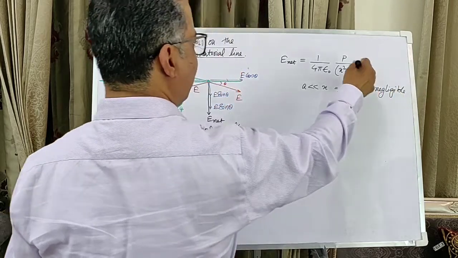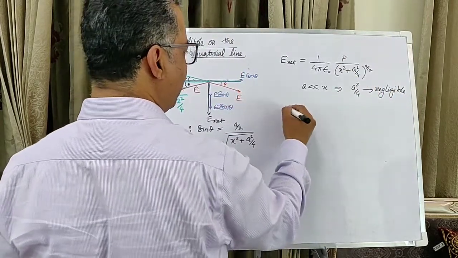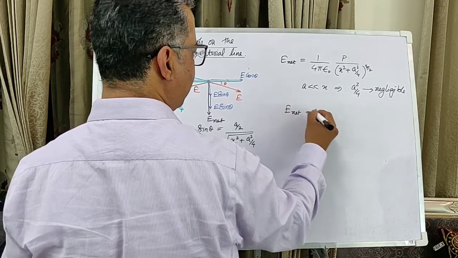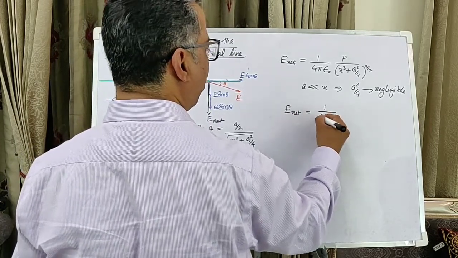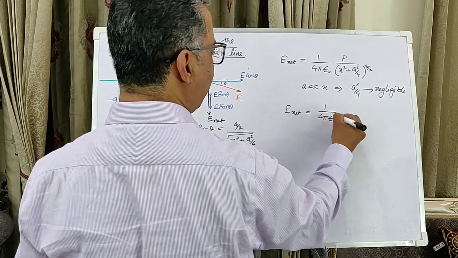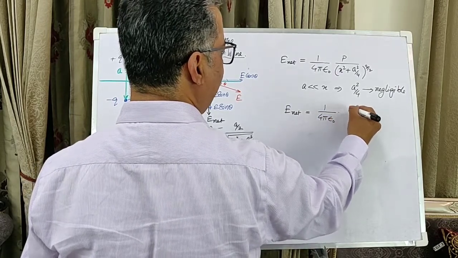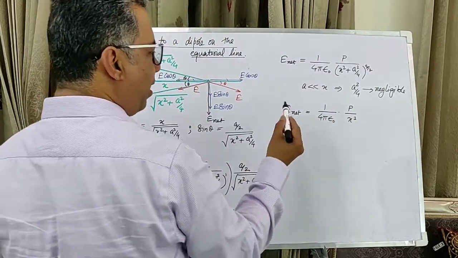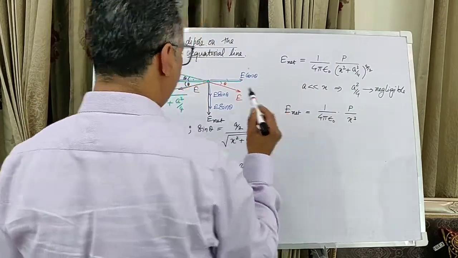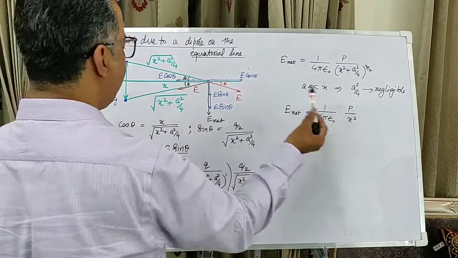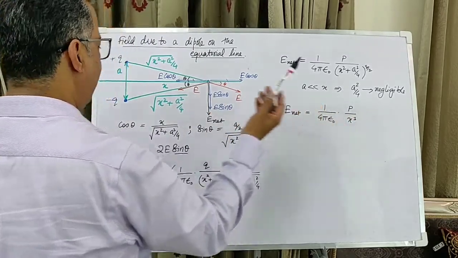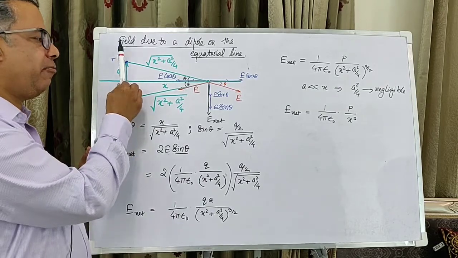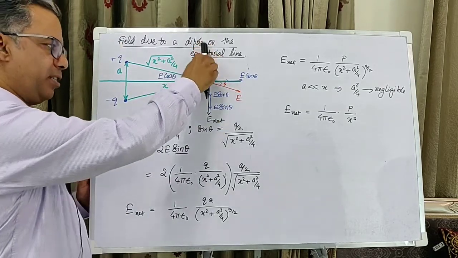So we neglect this a square by 4, and the net electric field now comes out to be 1 by 4 pi epsilon naught, P by x cube. The direction of the net field is opposite to the direction of the dipole moment P. You will notice here that the dipole moment is directed upward and the net field is directed downward.